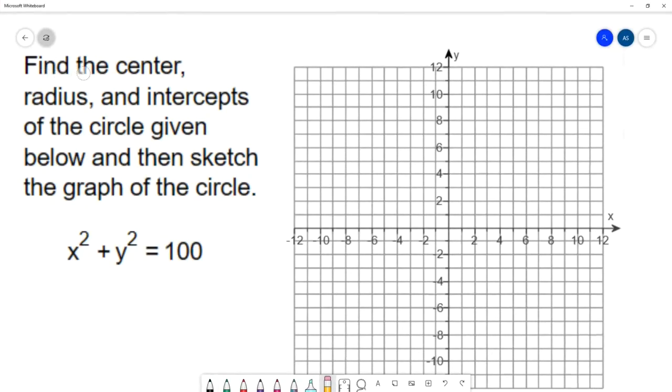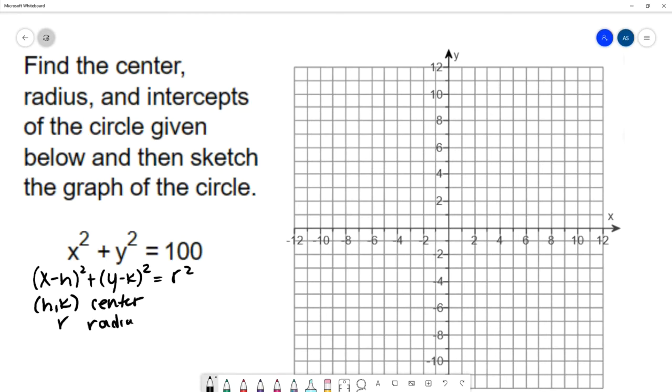For this example, we want to find the center, radius, and intercepts of the circle, and then sketch a graph of the circle. The equation of the circle is x squared plus y squared equals 100. And this equation is written in standard form. Standard form has x minus h squared plus y minus k squared equals r squared. h, k is the center of the circle, and r is the radius.